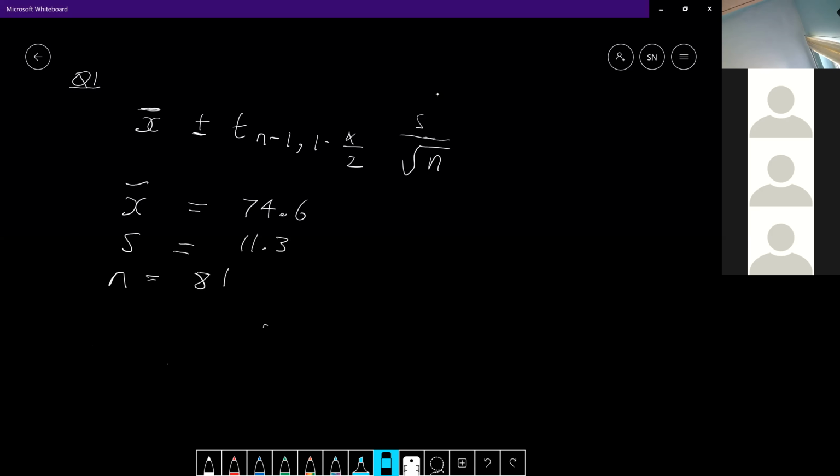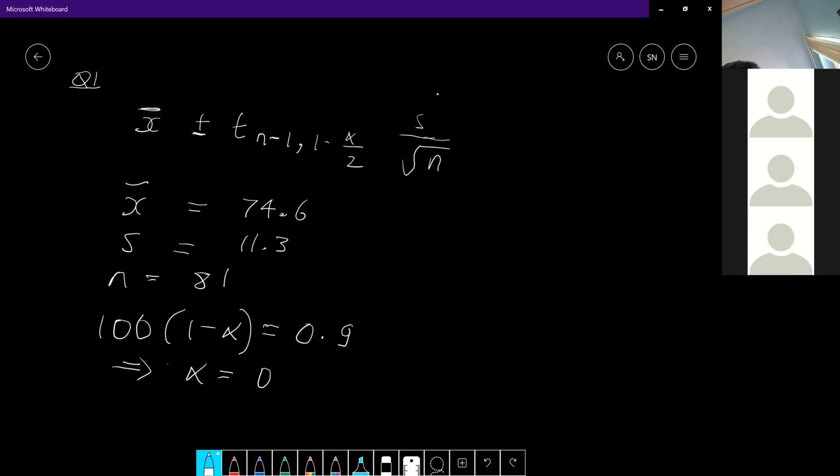Remember, we are looking for a 90% confidence interval, which means that 100 times (1 minus alpha) is equal to 90, so 1 minus alpha is 0.9, and this implies that alpha must be 0.1.